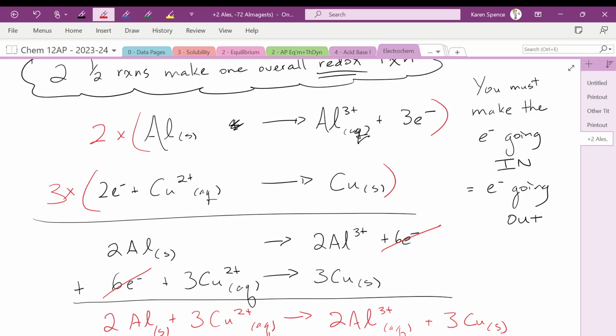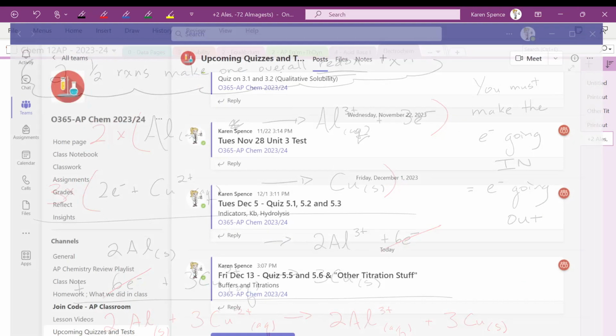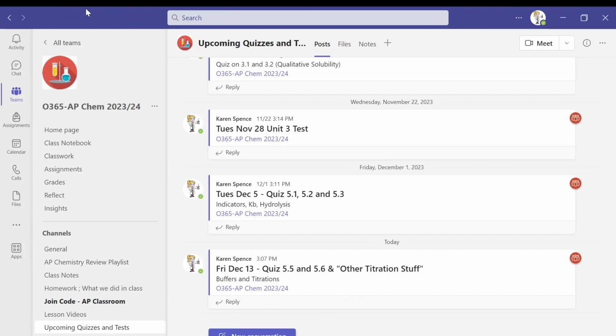Is that good? Okay. Are there any questions about your quiz tomorrow? No. Okay. We have a shorter block tomorrow, so there's no way I can do all of 5.4, 5.5, 5.6, and 5.7.